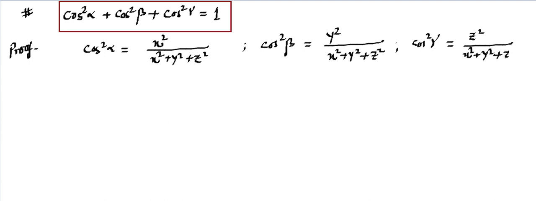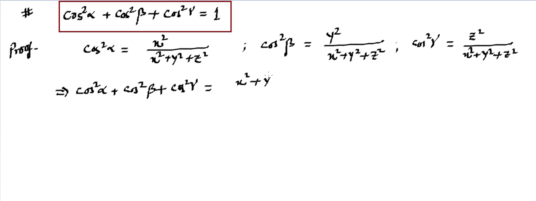Now we can add these three to get the left hand side. So this will imply cos square alpha plus cos square beta plus cos square gamma. You can put all the values that you have written in the above lines. The denominator is common, so we get x square plus y square plus z square in the numerator, and the common denominator is x square plus y square plus z square, which yields 1. So hence proved.